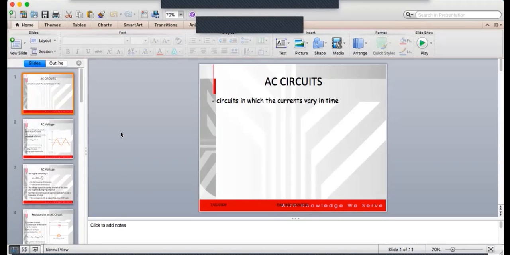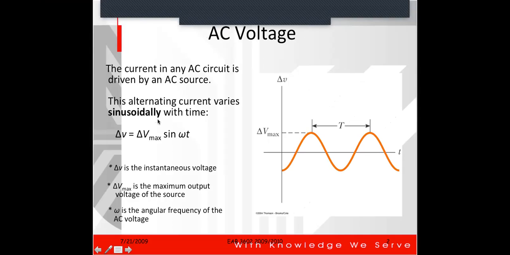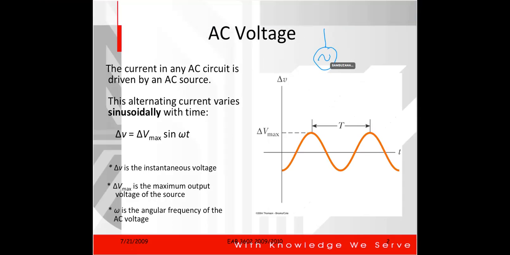So circuit in which the current vary in time, that is AC circuit lah. That's the definition of AC circuit. Okay, AC voltage dulu. We need to understand what is AC voltage. So the current in any AC circuit is driven by an AC source. Macam saya cakap tadi lah, kalau in your electronic circuit, now the symbol dah lain dia.